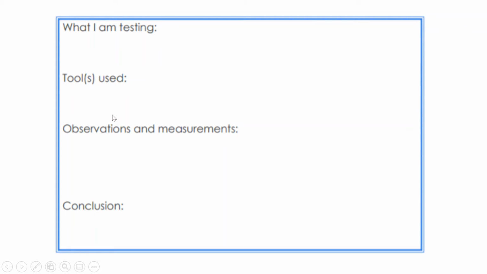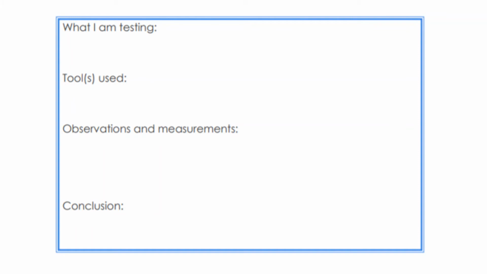So you're going to write down what your tools are, and then some of the observations and measurements that you found here, and then your conclusion. And we're going to go through that here 2 or 3 times so that you can get the gist of it. I even drew a picture over here. If you want to draw a picture, fine. If you don't, fine.